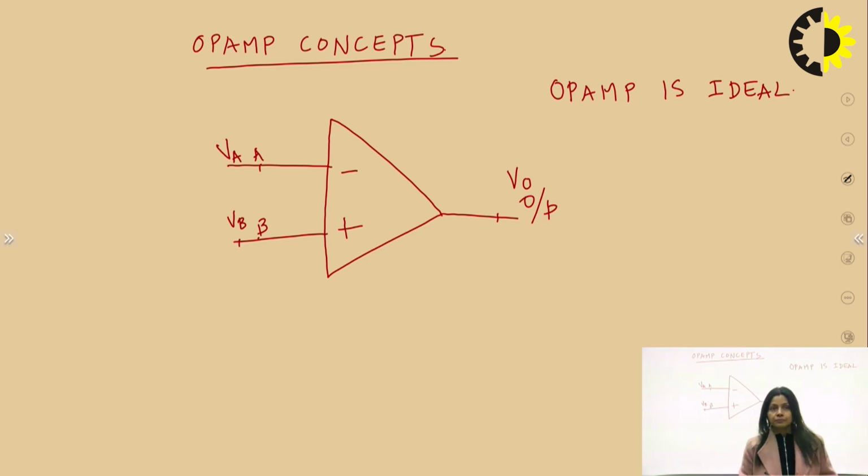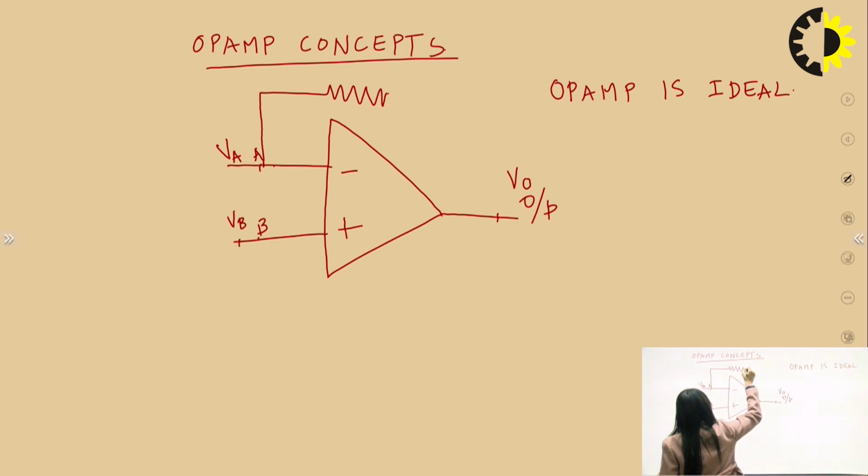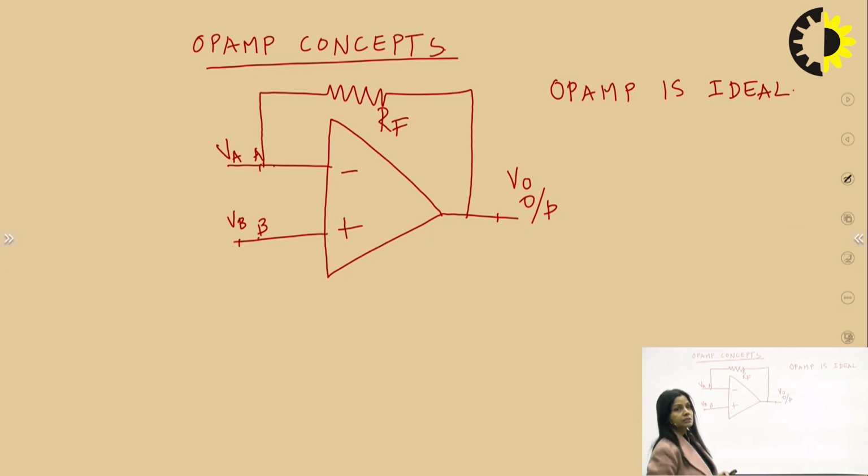After that, in the second point, we will check before proceeding through the numericals that this feedback resistance is to be connected through the inverting terminal of the Opamp, right? This feedback is to be given at the inverting terminal of the Opamp, right?